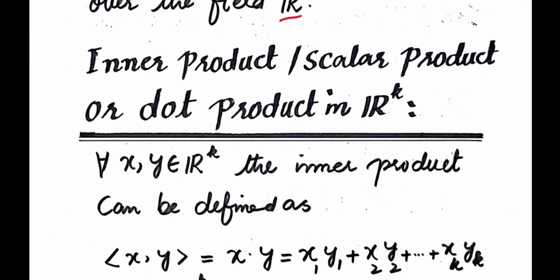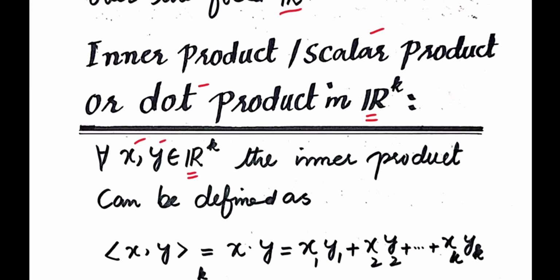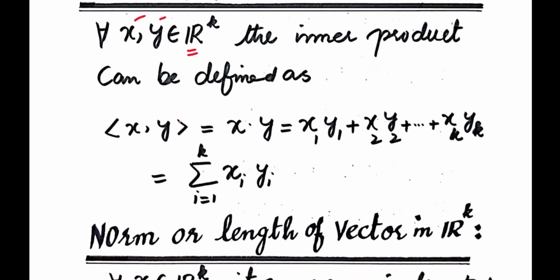Next, we define the inner product, also called the scalar product or dot product, in Rk. For all x and y belonging to Rk, the inner product is defined as x dot y. In other textbooks you can see that the inner product of two vectors x and y is denoted by angle brackets, although this notation is not used in Walter Rudin's textbook.